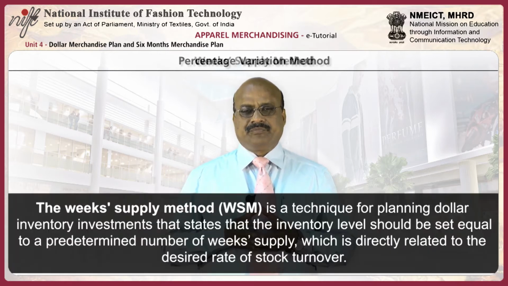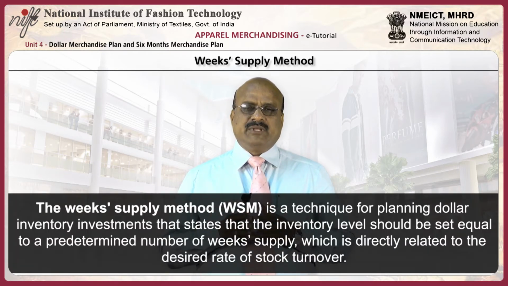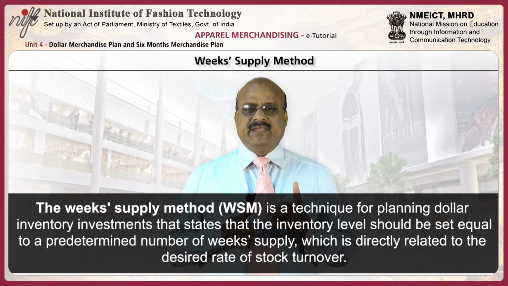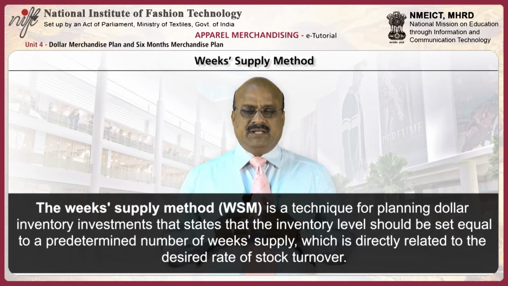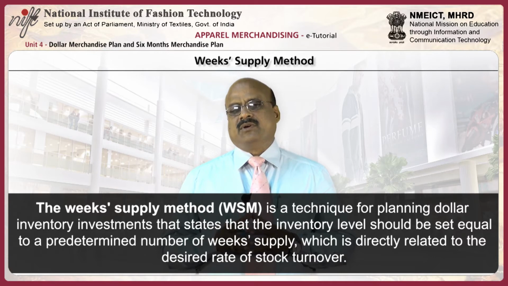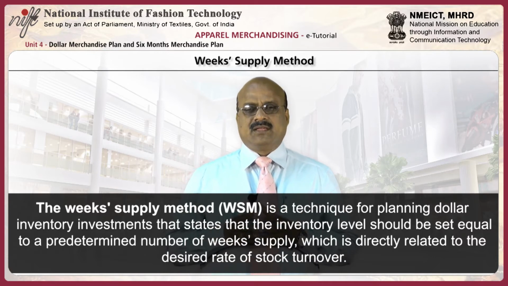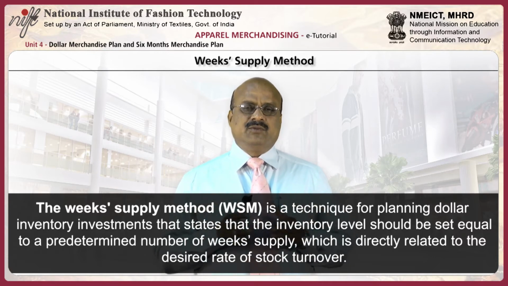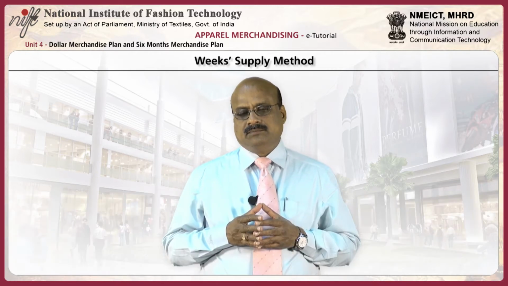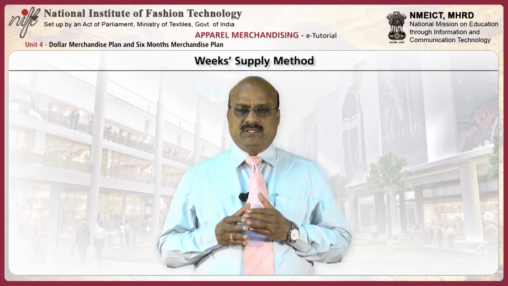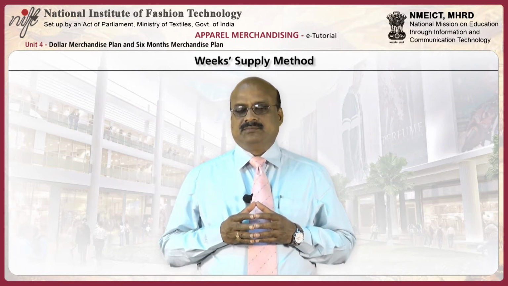The weeks supply method, WSM, is a technique for planning dollar inventory investments that states that the inventory level should be set equal to a predetermined number of weeks supply, which is directly related to the desired rate of stock turnover. The WSM is calculated as follows.